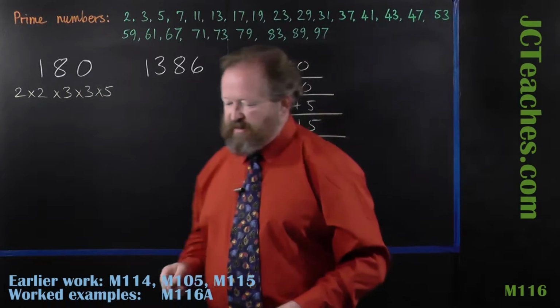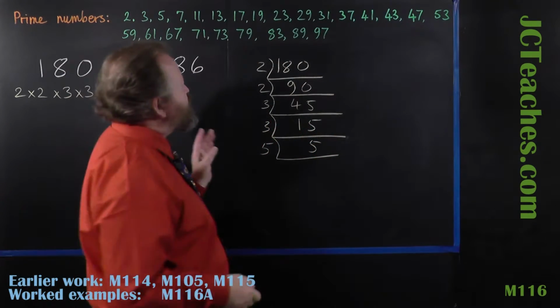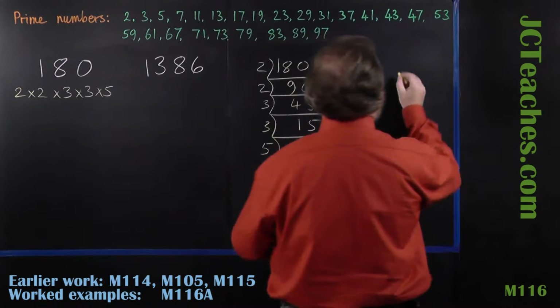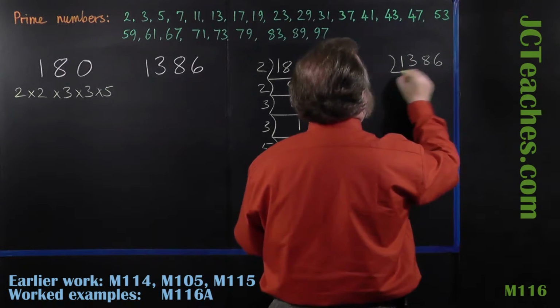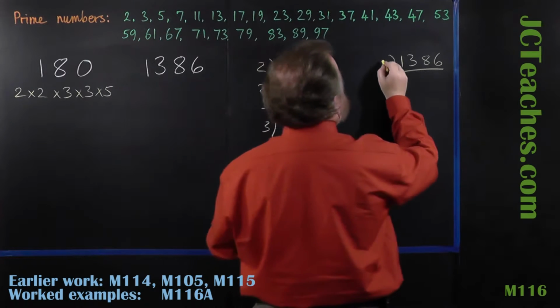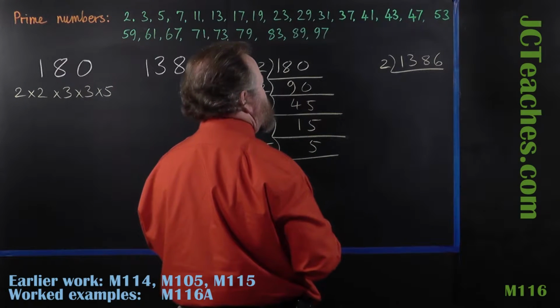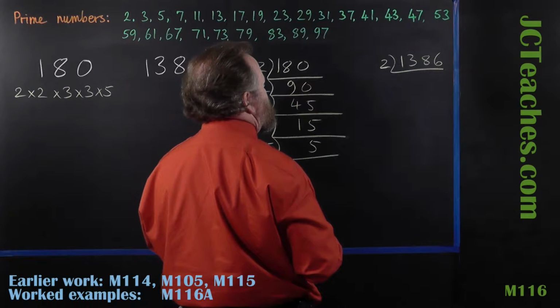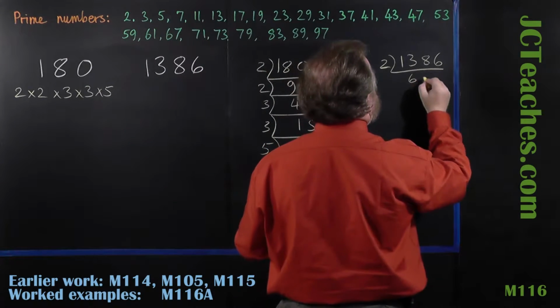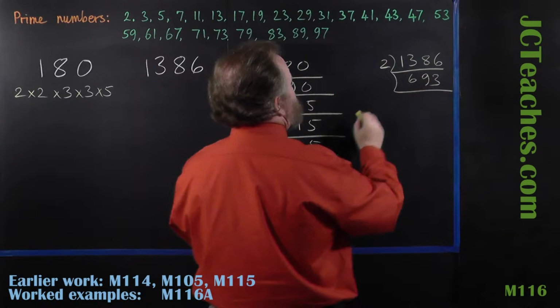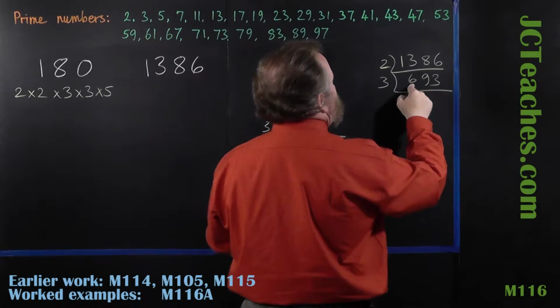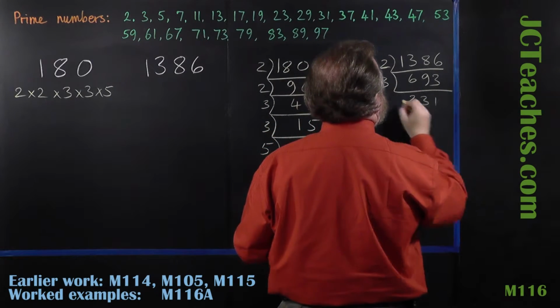So to do the prime factors of 1386, firstly, does 2 go into that? It does. 693. Does 2 go into 693? No, it doesn't. 3, however, does. 231.